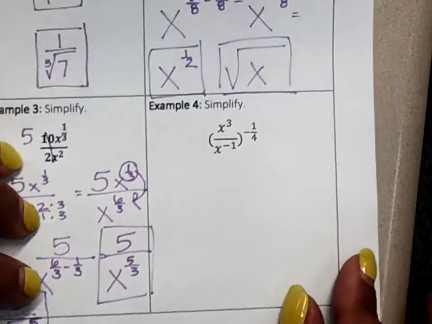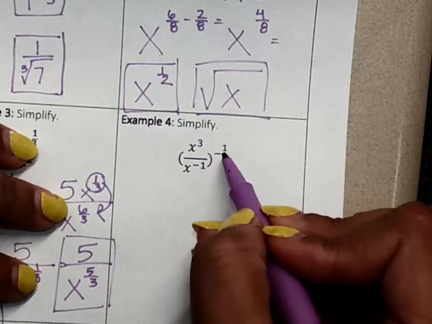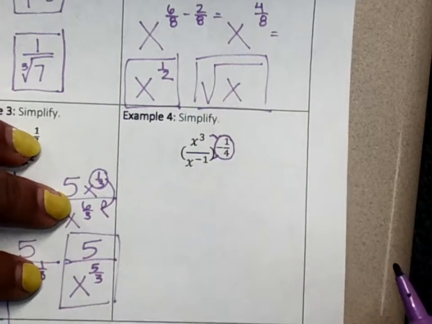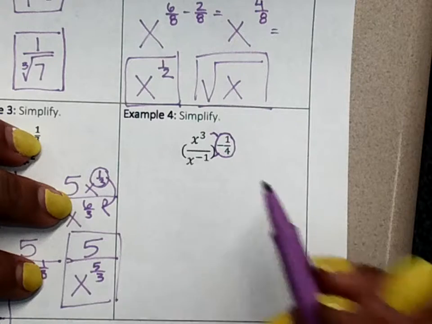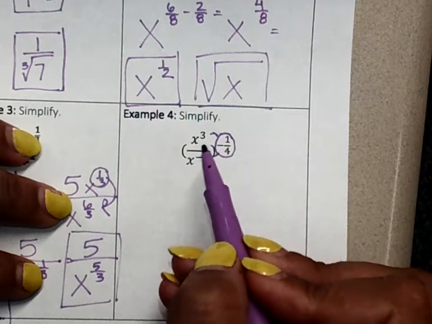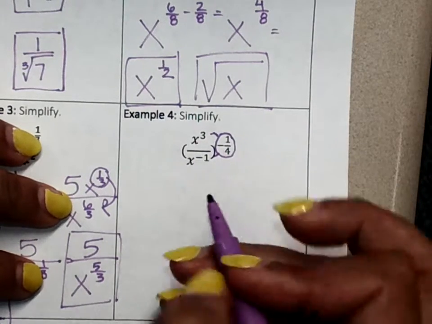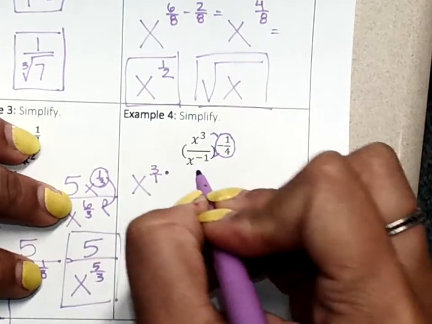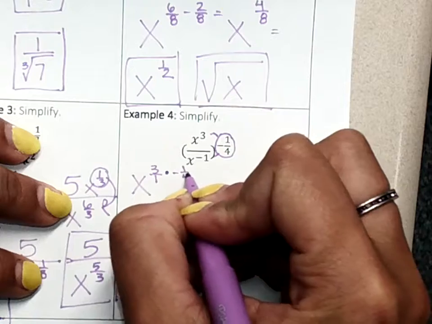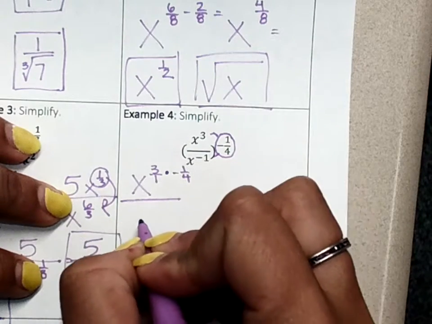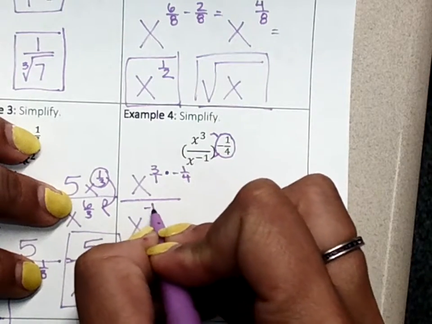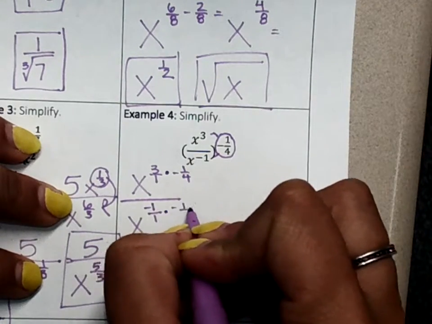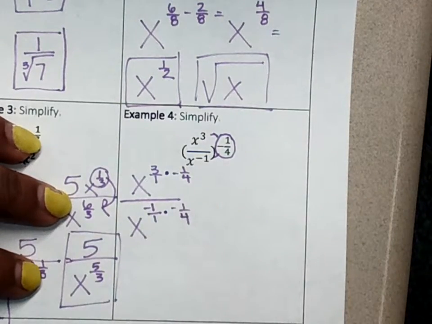In our last example, we first need to distribute this exponent to the bottom and the top exponents. This goes back to our power of a power rule. So we will be left with x to the 1/3 over 1 times negative 1/4 over x to the negative 1 over 1, I'll make it a fraction, times negative 1/4.